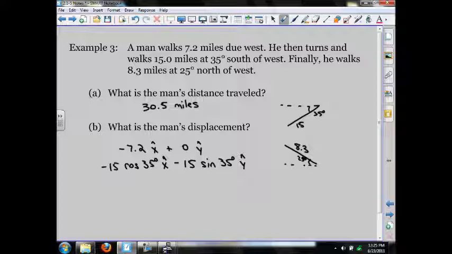What's the x component of that third vector? Good. Going in the negative x direction, 8.3 cosine 25 degrees. What about the y component?